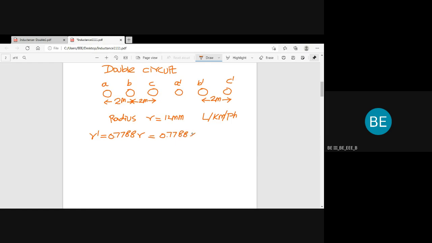0.7788 into the radius. So 12 millimeter I am converting into the meter. So if you compute this value, you will get 0.0093456.